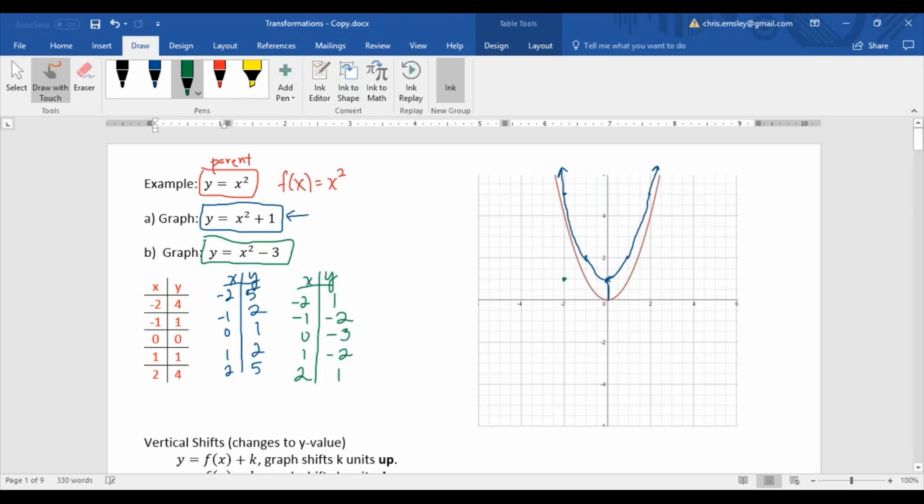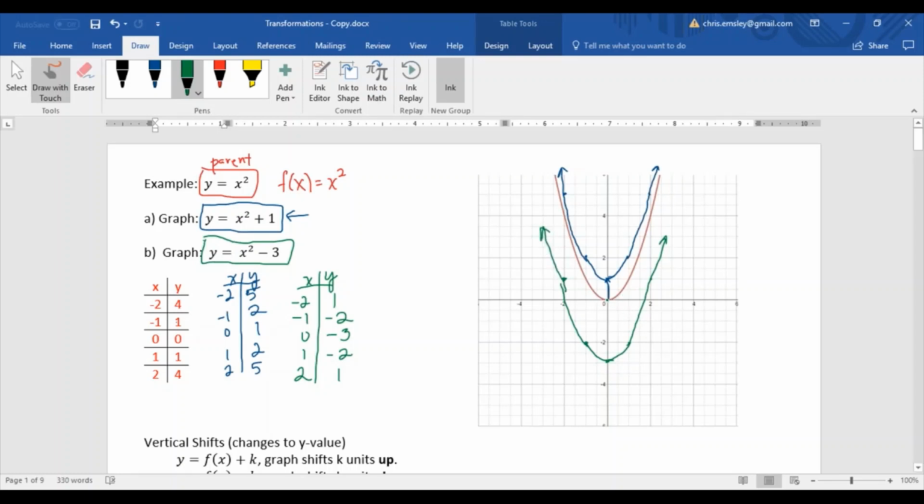Negative 2, 1. Negative 1, negative 2. 0, negative 3. 1, negative 2, and 2, 1. And again, connect those points, as carefully as I can, and you can see again, we end up with that same parabola.